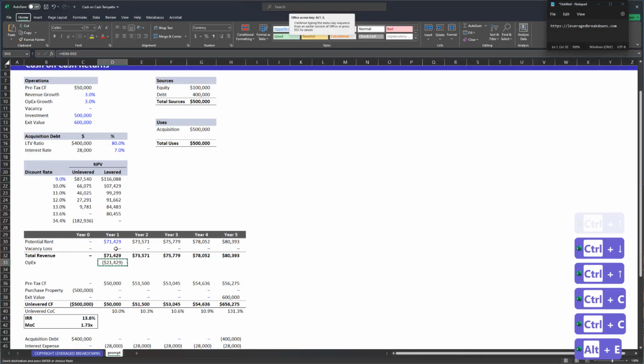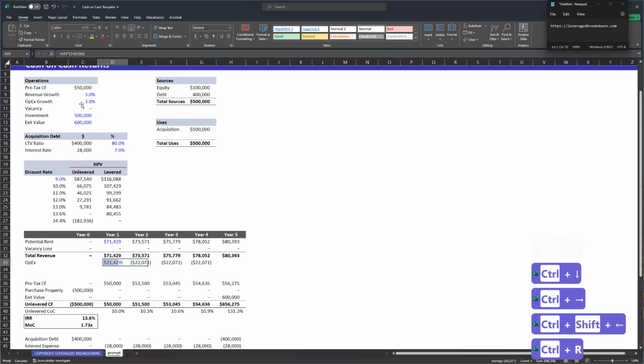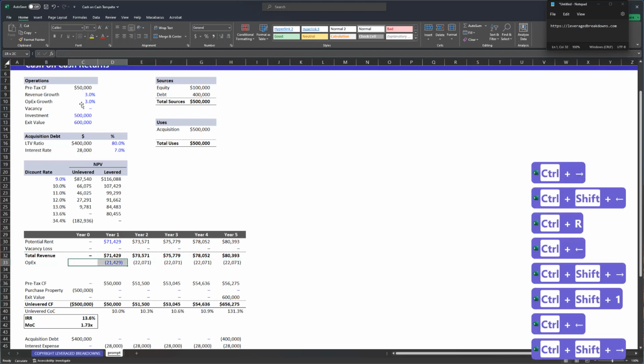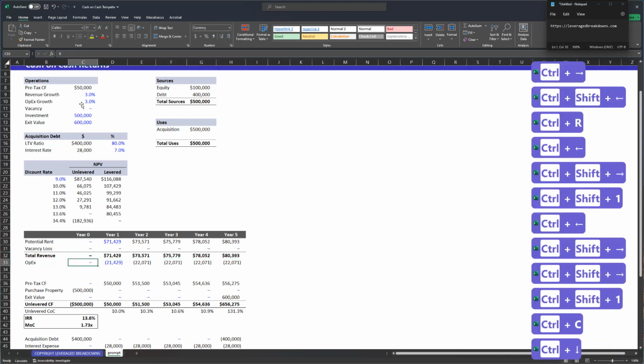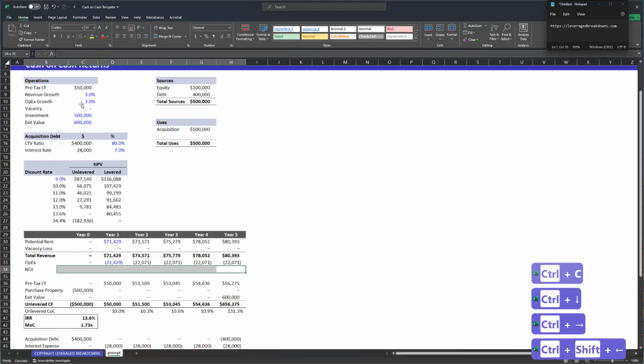Let's lock that in as a hard code, and similarly grow that by the OPEX growth rate. Don't want a dollar sign if it's a number under a subtotal, so let's remove that. And that is our NOI.